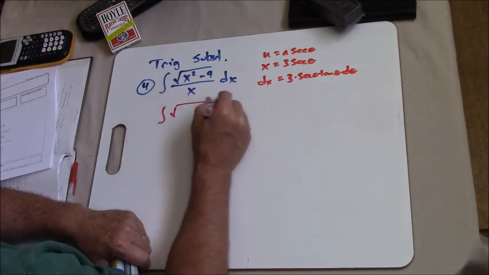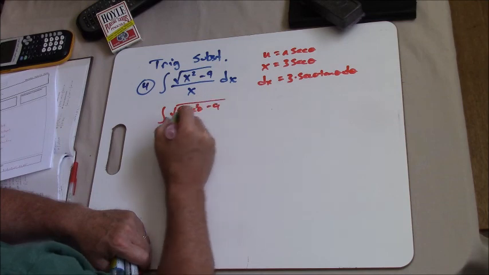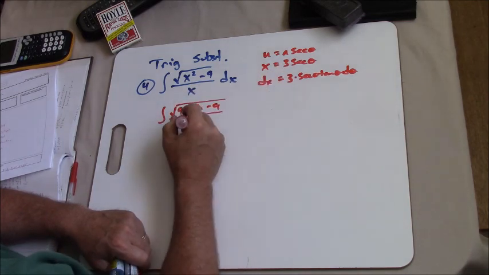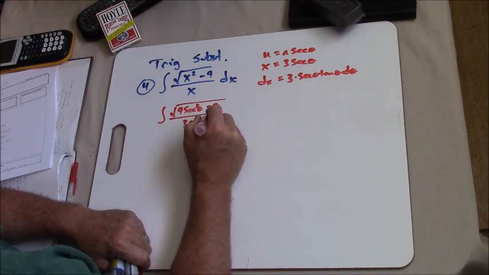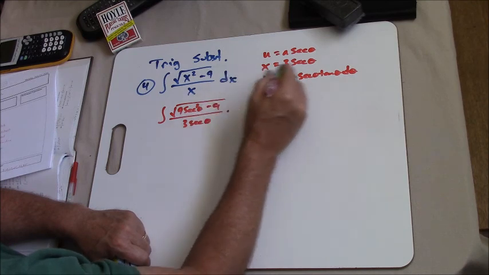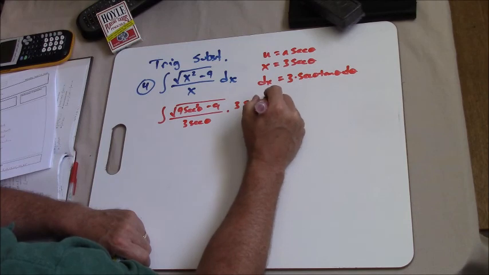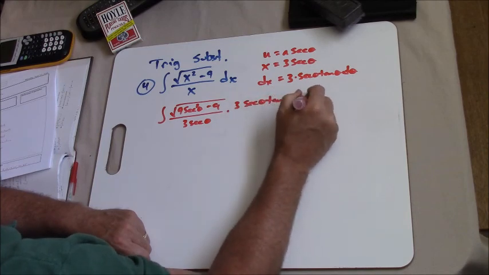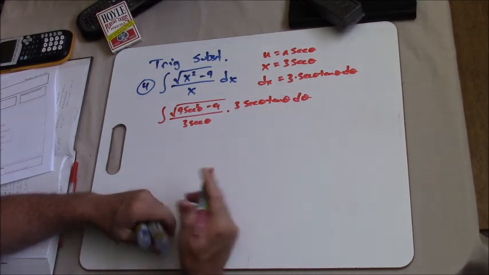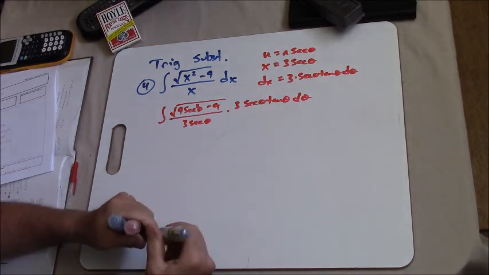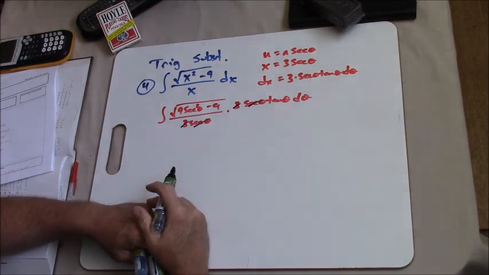So I've got the square root of 9 secant squared theta minus 9 over x, which is 3 secant theta, times dx, which is going to equal 3 times secant theta tangent theta d theta. And now we just got to simplify all this stuff. So to do that, this 3 cancels with that 3, that secant cancels with that secant.